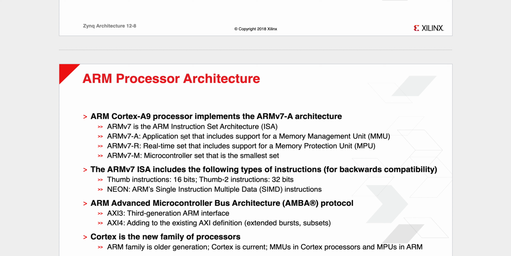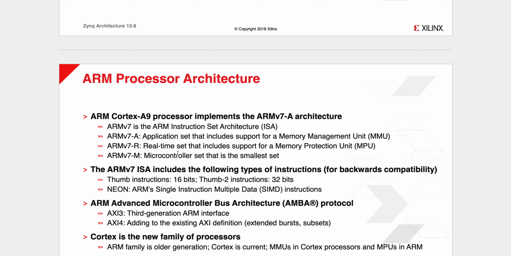And then we'll have an ARM v7M, which is a microcontroller. It is a microcontroller set that is the smallest set.